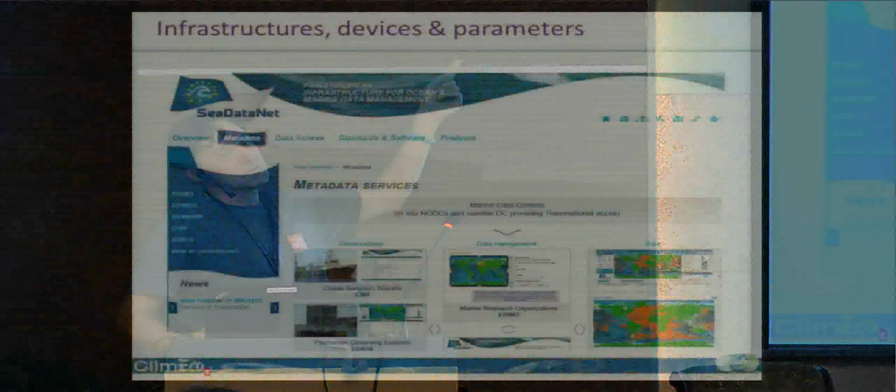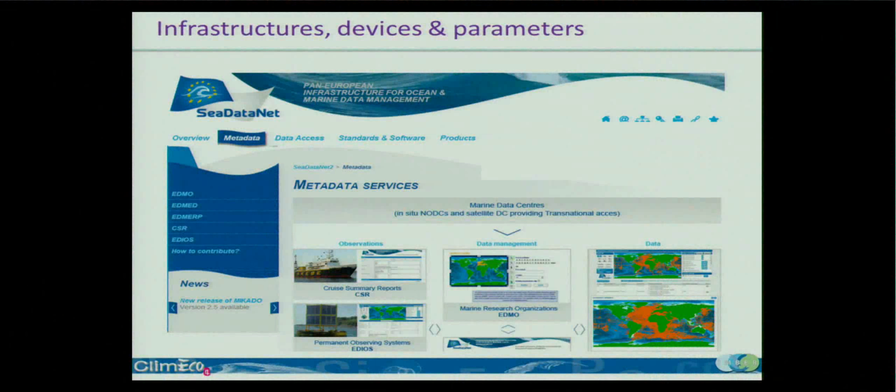By that I mean standard names for research vessels or for platforms, drifters, or any type of instruments that we use, like devices. And also controlled vocabularies for parameters. All that vocabulary is mainly developed by the British Oceanographic Data Centre and the NERC DataGrid, and that's what is used by SeaDataNet.